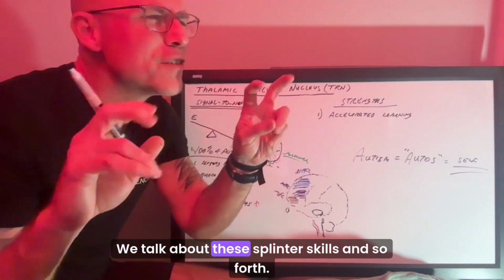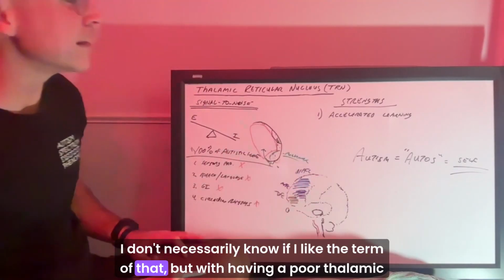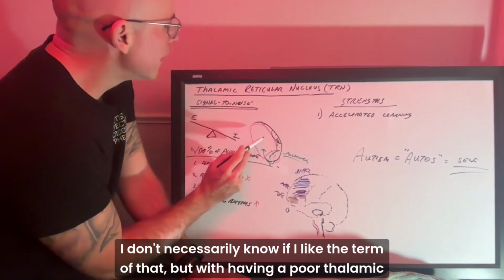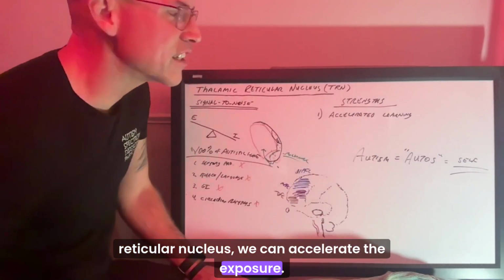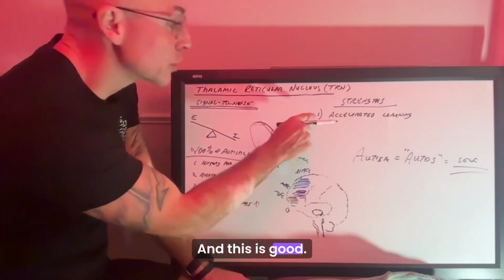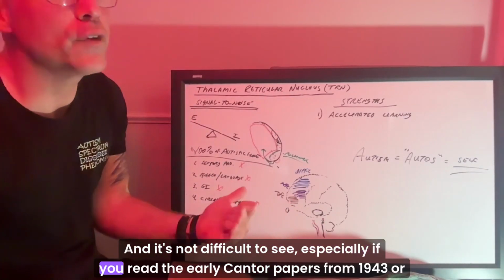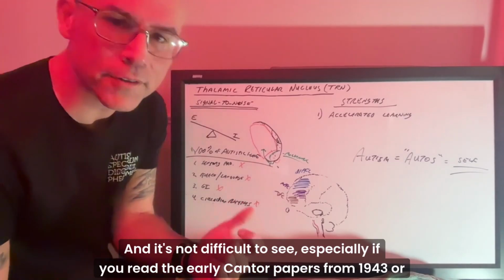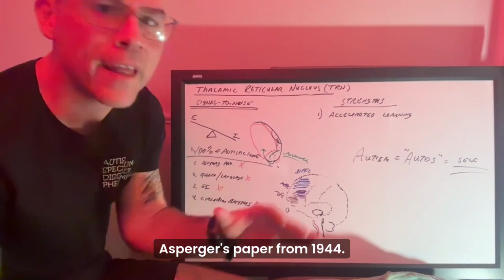We talk about these splinter skills and so forth. I don't necessarily know if I like the term of that, but with having a poor thalamic reticular nucleus, we can accelerate the exposure. And this is good for learning. And it's not difficult to see, especially if you read the early Kanner papers from 1943 or Asperger's paper from 1944.